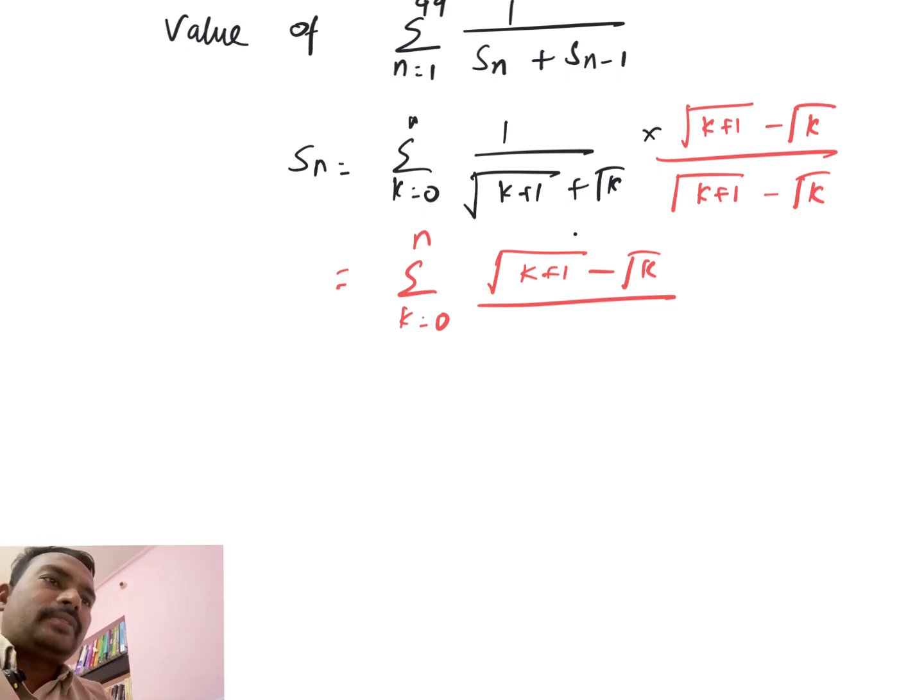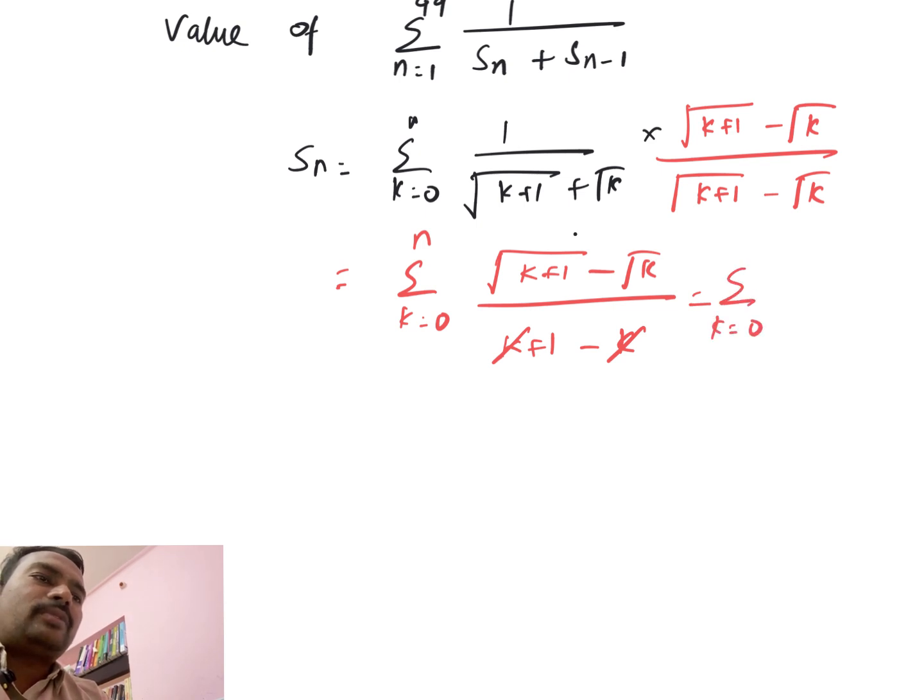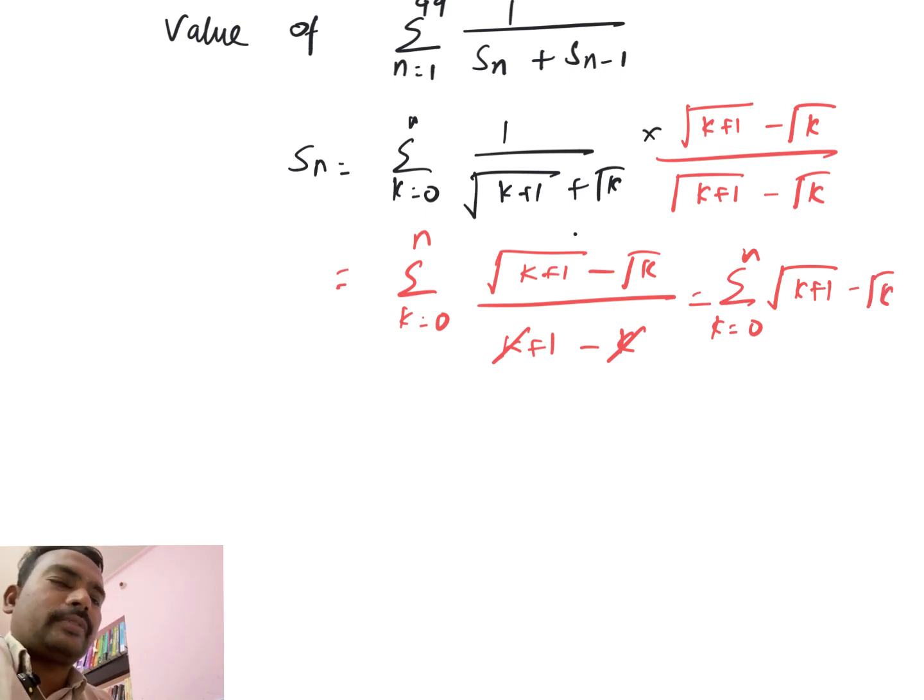So square root of k plus 1 whole square is k plus 1, and square root of k whole square is k. So k plus 1 minus k is 1, and the answer here is summation k equals 0 to n of square root of k plus 1 minus square root of k. I think all of you understood, right?